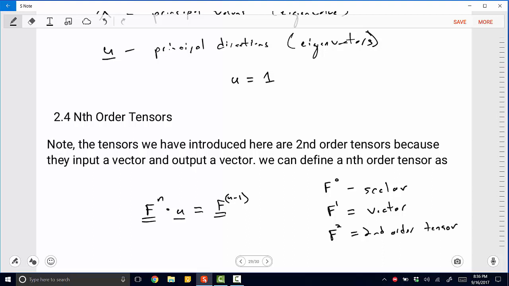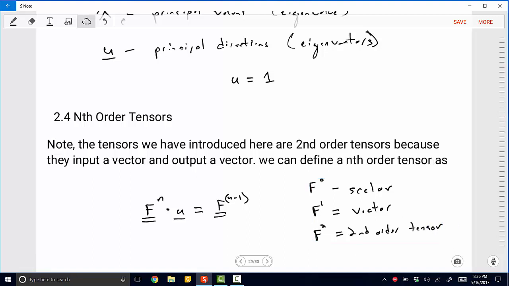Makes sense. A second order tensor times a vector gives us a vector, right? And from this, we can subsequently find that there are higher order tensors. There's third order, fourth order, and so on. So we get closer to the idea of what we consider our stiffness tensor, right? It's a higher order tensor, right?